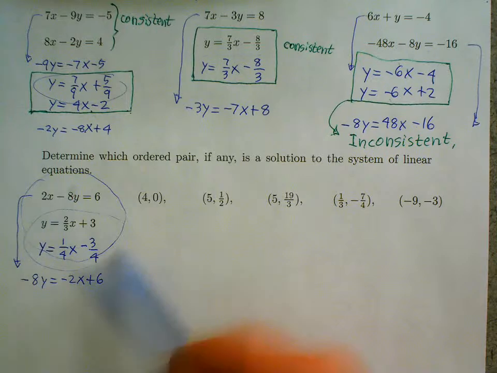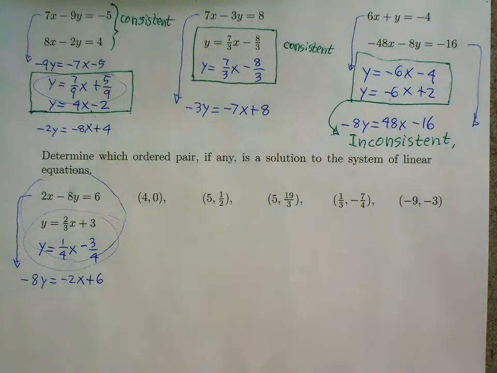The two lines have different slopes. So that means the system has exactly one ordered pair solution.